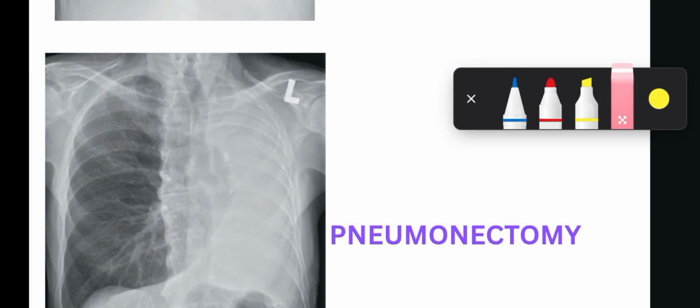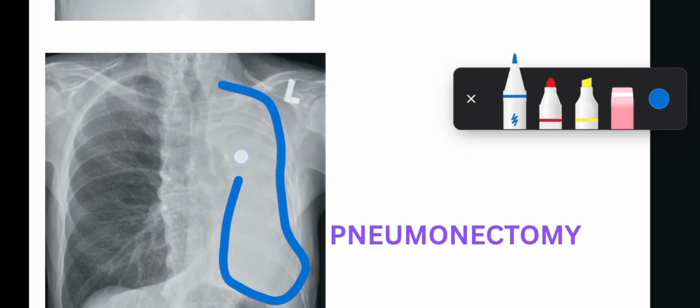If you look closely, we see the surgical clip. That can equally help us to distinguish between pneumonectomy and lung collapse. You see the surgical clip. So it's white, it has a higher density. In terms of the opacification, we can't be able to differentiate between lung collapse and pneumonectomy.